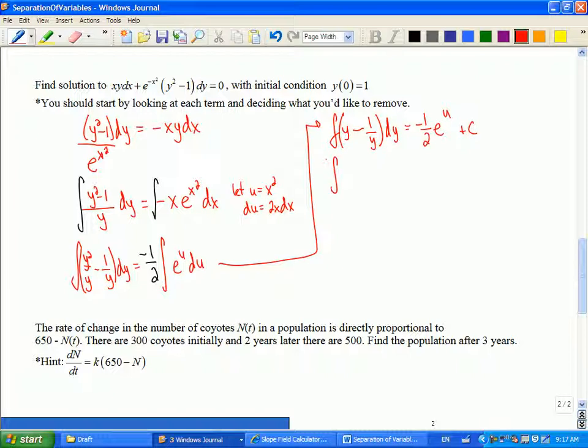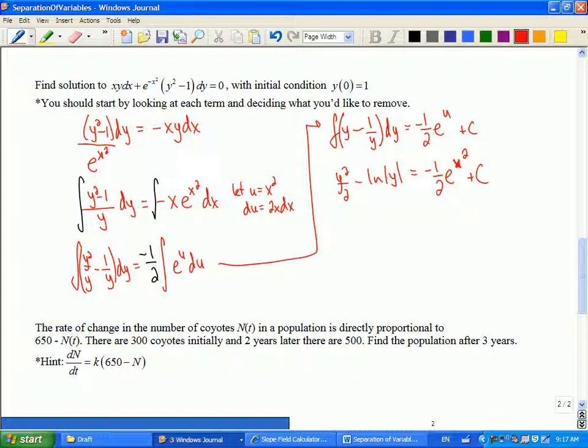Okay, so this will be y squared over 2 minus natural log y equals, and I might as well put back my x squared. Now this is one which would be very difficult to separate, so that's okay.